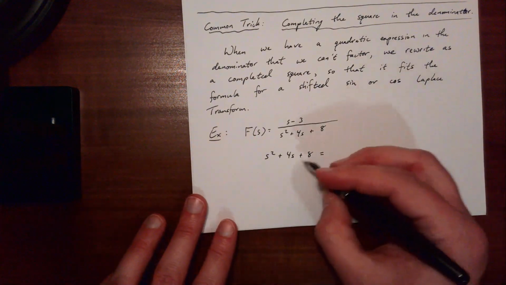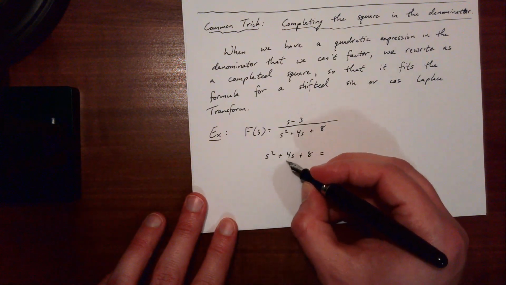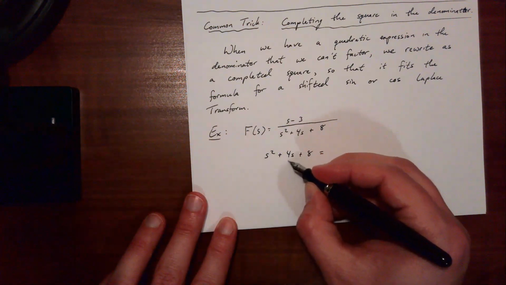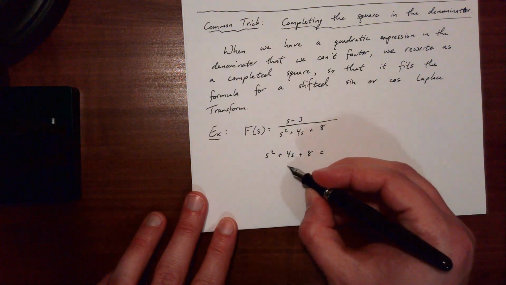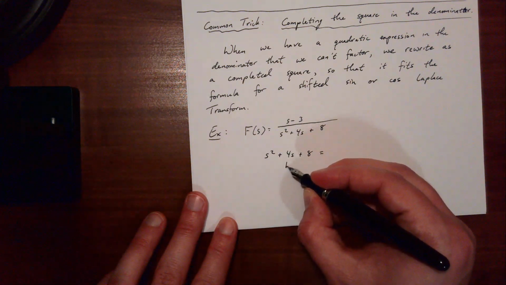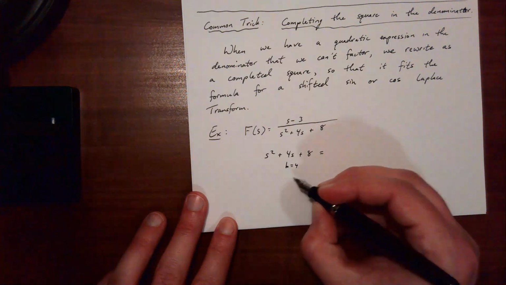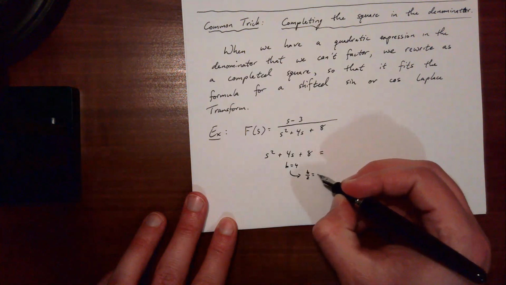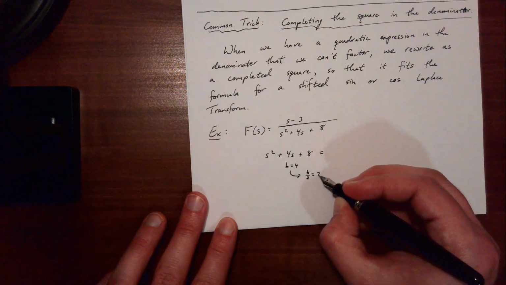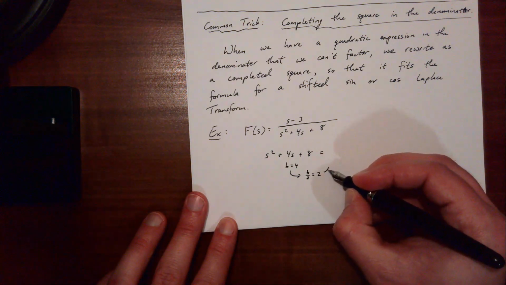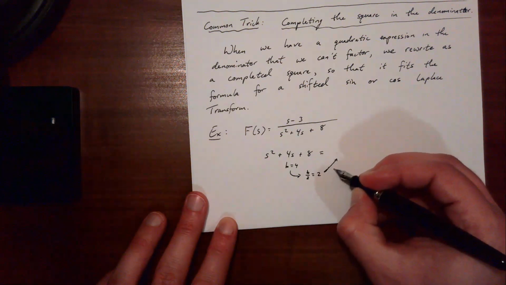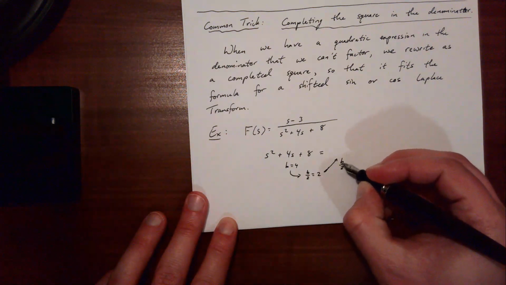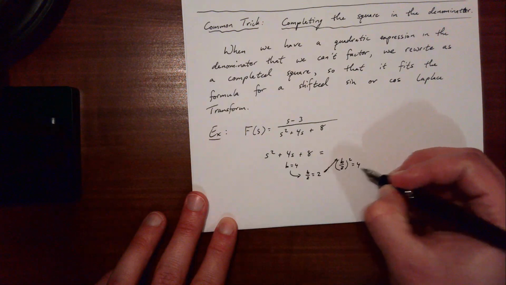The usual way this would go is if the coefficient of s squared is a 1, and we call this b, then you would take b divided by 2, so b equals 4, and b divided by 2 is equal to 2, and so b divided by 2 squared equals 4.